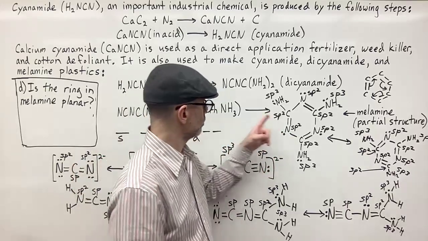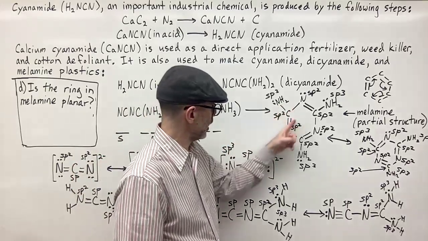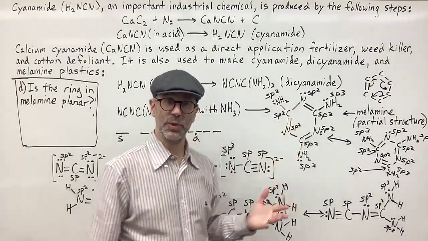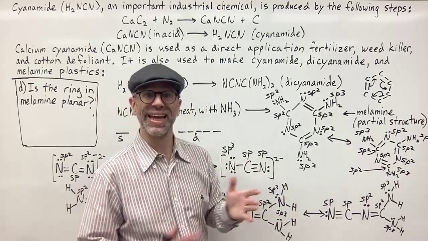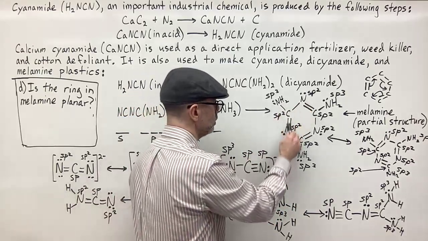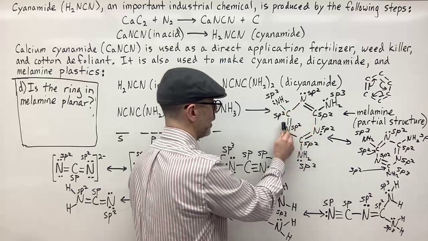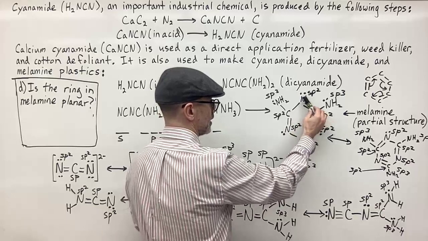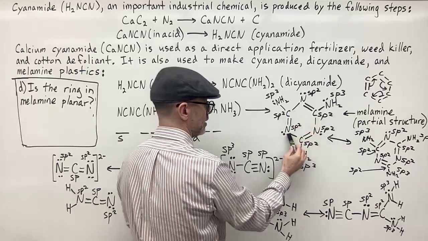So this carbon, because it has 3 electron groups, according to VSEPR theory, is going to be trigonal planar, so that all 4 atoms are in the same plane. So this carbon is in the same plane as this nitrogen and this nitrogen.